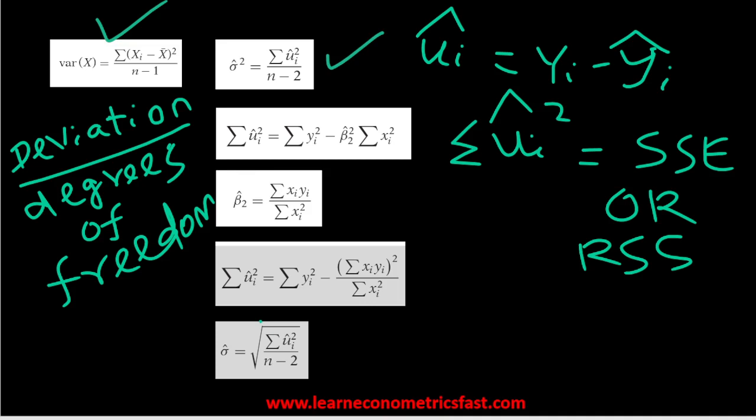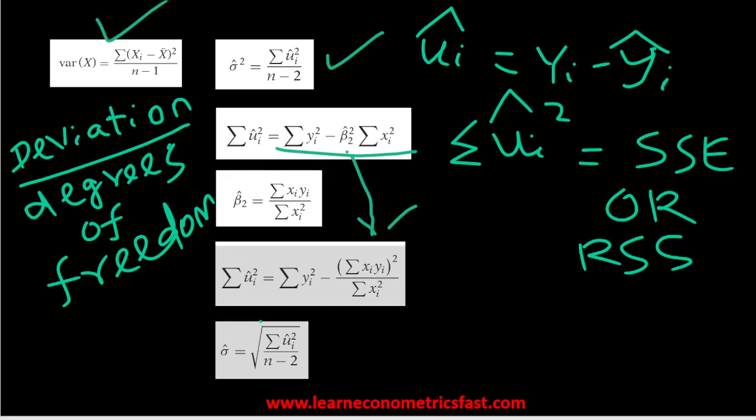Here it is sigma square cap; we can write that as s square. Now the summation of ui square cap we can write in this format, because beta 2 cap square times summation xi square is nothing but your yi cap. If you put the value of beta 2 here, then you find this value.